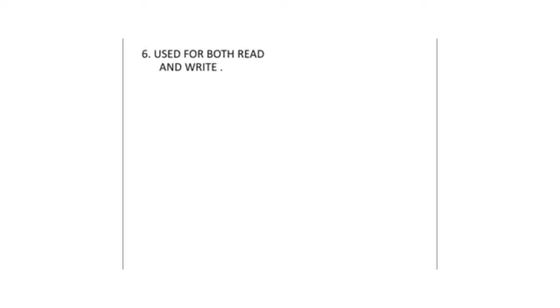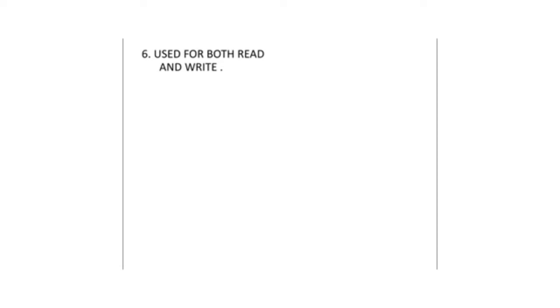Next, RAM is used for both read and write. Suppose we are saving any data in RAM. After some period of time, we can open it and we can again read it or edit it, or we can make some change.